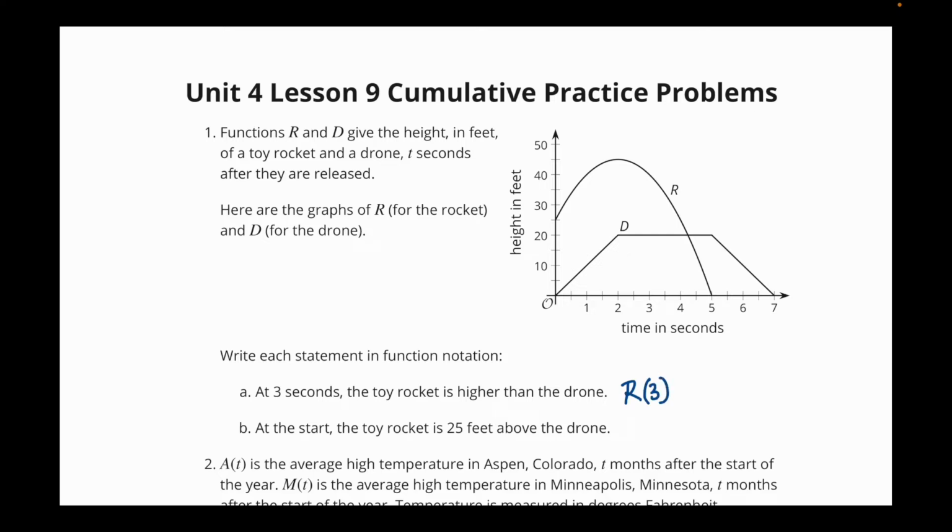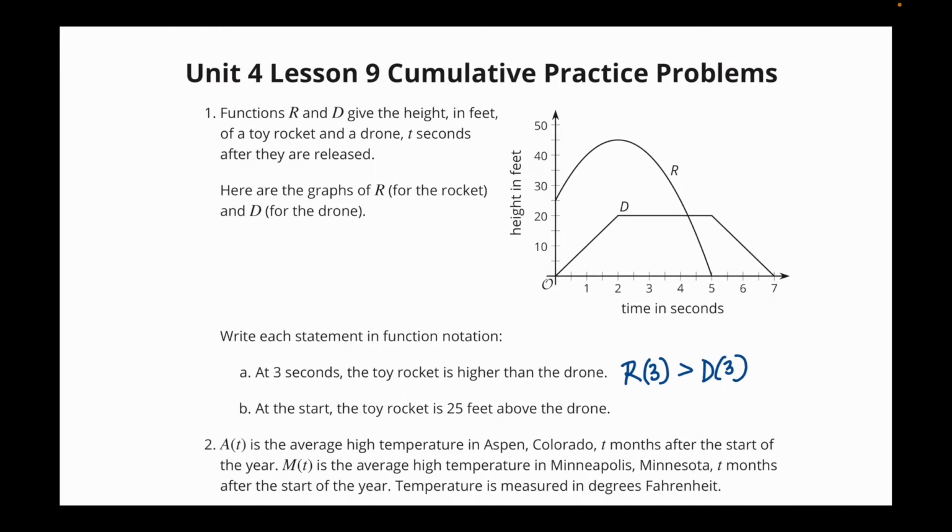So R of 3 represents the rocket's height at 3 seconds. We're going to say it is greater than the drone's height at 3 seconds. And so both of these are output values. They're not telling us what the output values are, but we're telling you specifically when those outputs happen and that one is bigger than the other.